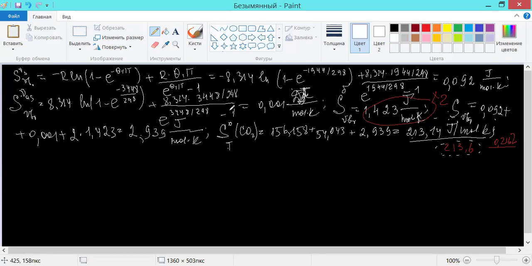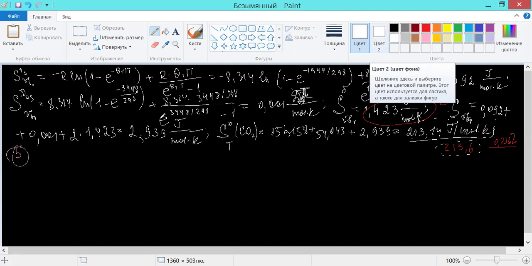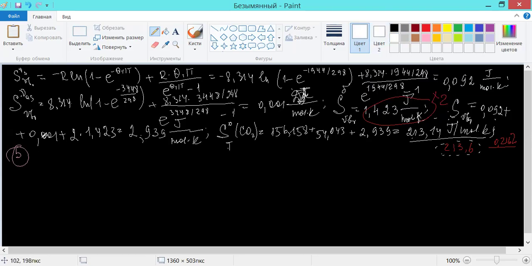Now, the rest are very easy. I mean, points 5 and 6 are very easy to deal with. The calculation of the reduced Helmholtz energy. The question is, what's the formula? In order to derive it, let's remember the definition. Helmholtz energy is equal to U minus ST. Let's subtract U sub 0 from both parts of this equation.